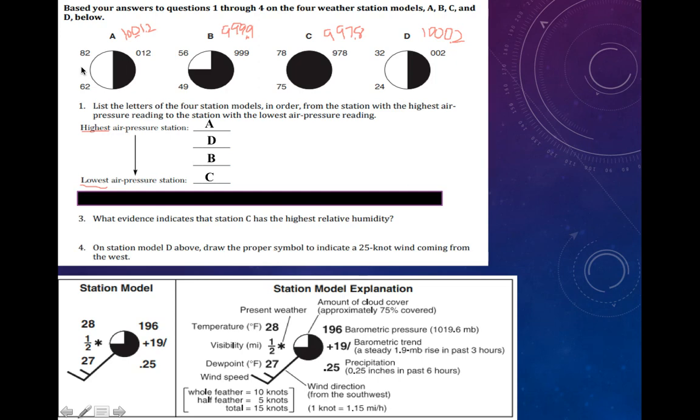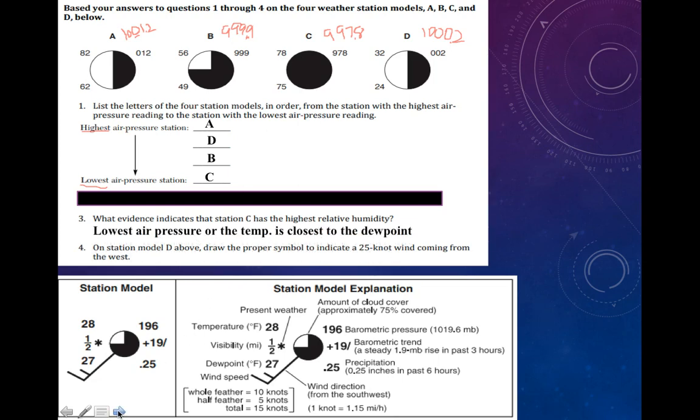That is not even close. That is a 7-degree difference. So right now B is better than A. C is only a 3-degree difference. And look, it's completely cloudy also. And D is an 8-degree difference. So easily I could see that C has the greatest likelihood of precipitation and also the highest humidity because the temperature and the dew point are closest together.